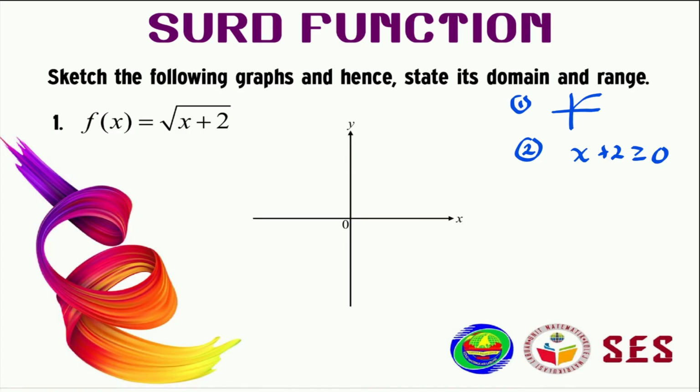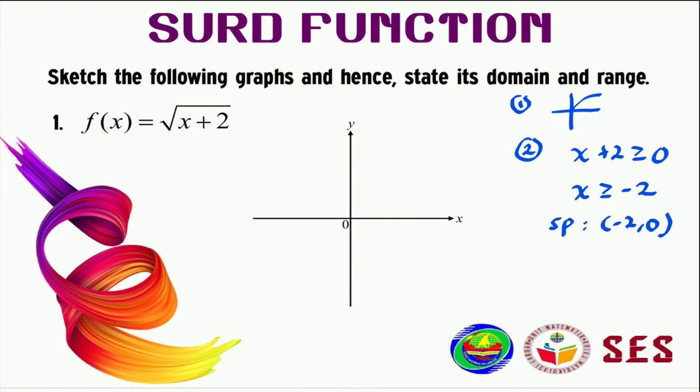Rearranging, we get x greater than or equal to negative 2, which means our graph starts from x equals negative 2. To get the y coordinate of the starting point, we don't have any plus or minus c here, so our starting point is at (-2, 0).